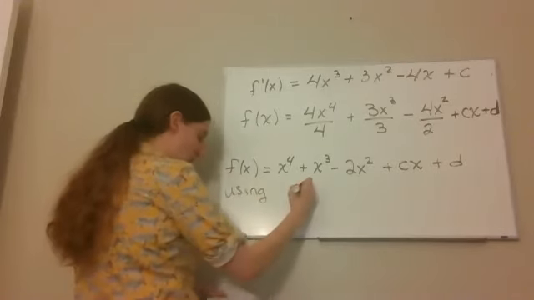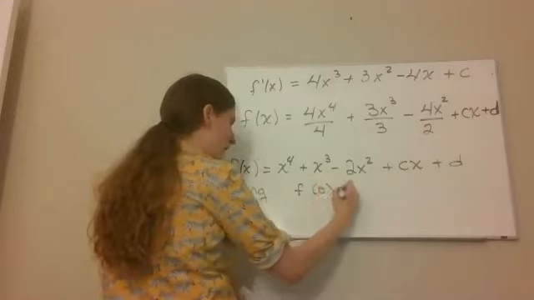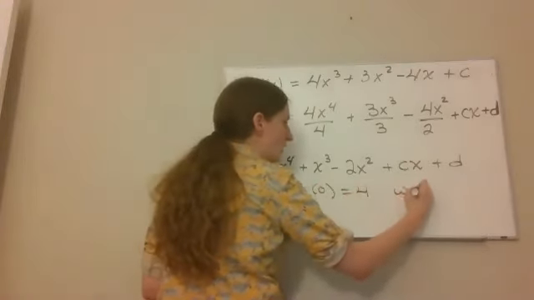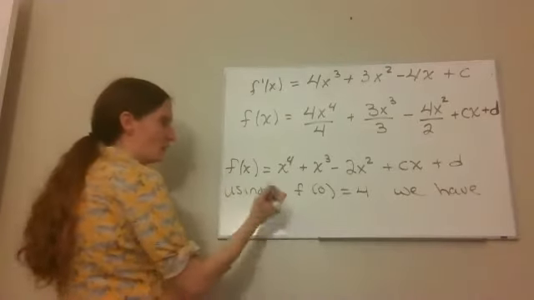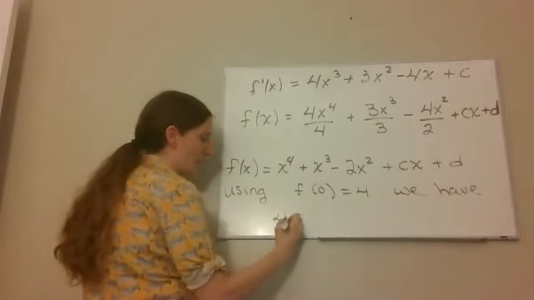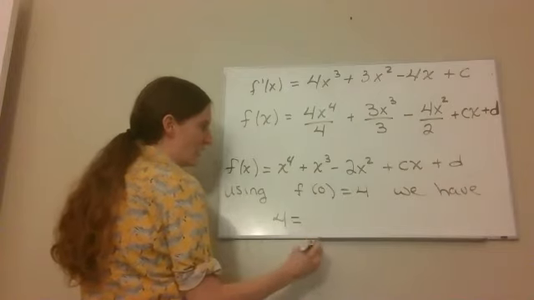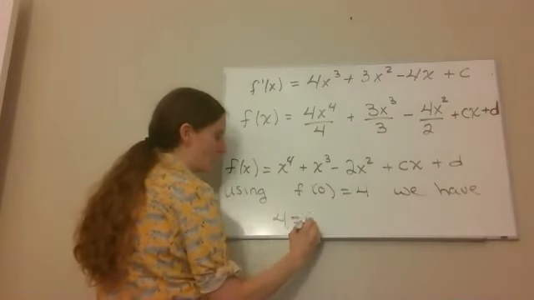So using the fact that f of 0 is equal to 4, let's see what we get. F of 0 equals 4, so that means I have 4 on this side, and I plug in zeros for all of the x's.